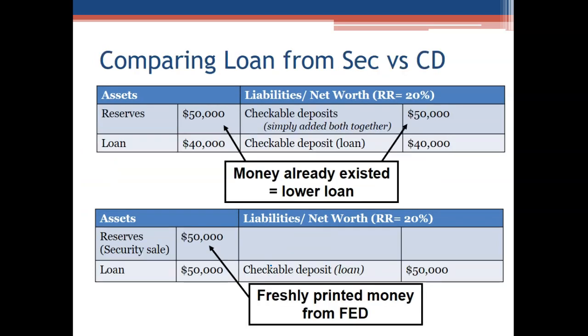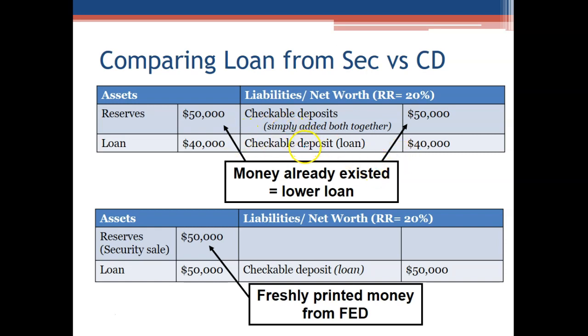So how does this compare? Well, let's say we start out with a $50,000 check or deposit and then a $50,000 security sale. How much was lent into existence? Well, with the original check or deposit, they need to keep 20% of that on hand, so they can only lend $40,000 out. So the money supply would have increased by $40,000 since it's now M1 money once it gets used.